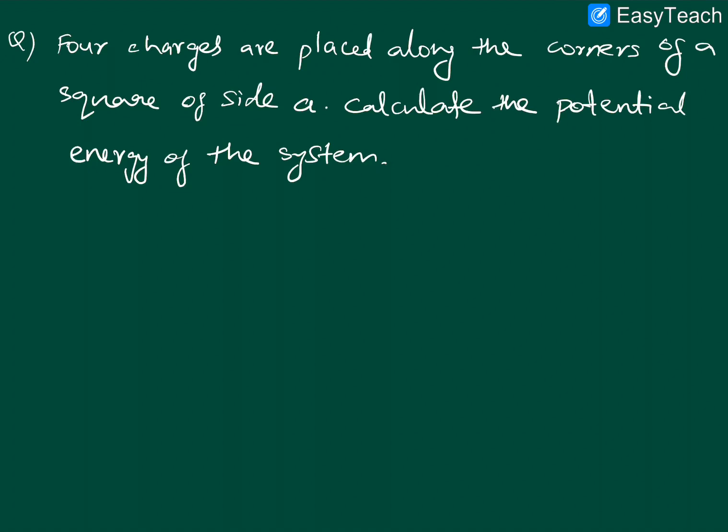This is the question. Four charges are placed along the corners of a square of side A. Calculate the potential energy of the system.